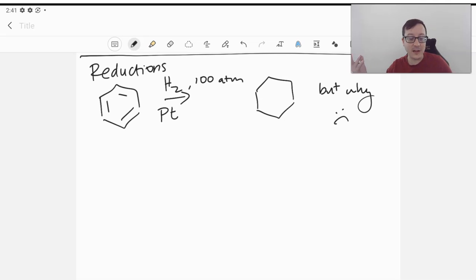They remove reactivity, and so it's kind of like we can't do anything now. We spent all this time getting these things to be reactive, and then you turn it into an alkane and can't do anything anymore. So, suffice it to say, though, there is one reduction that is particularly useful, and that is the Birch reduction.